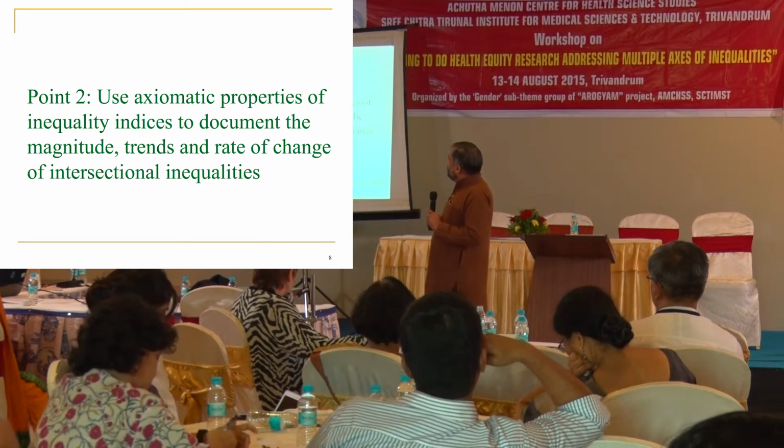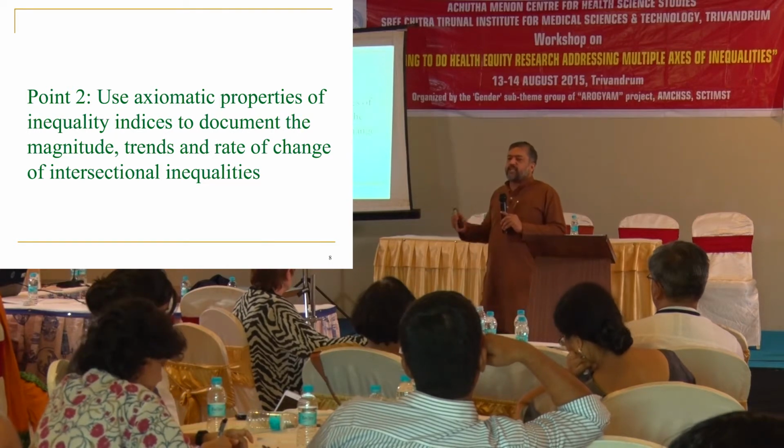One thing you do is look at the magnitude of change in trends and patterns of inequality, but whether the inequality measure satisfies certain properties or not is important. That comes from the premise I started with: if you are going to decompose an inequality measure, or give a treatment to it in terms of the source of inequality, then it should have the basic sound properties which come from the axiomatic literature.